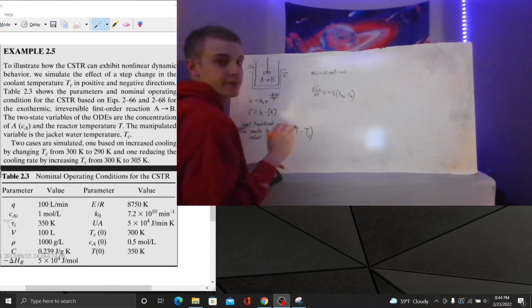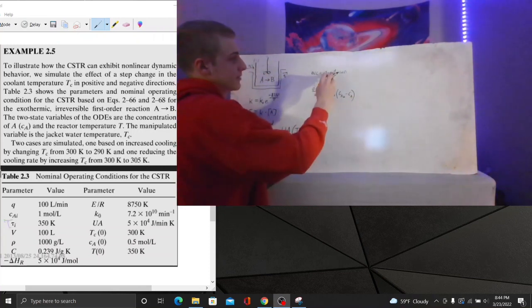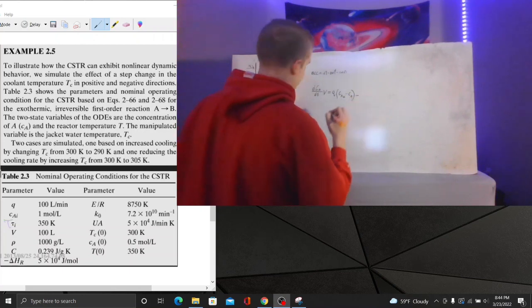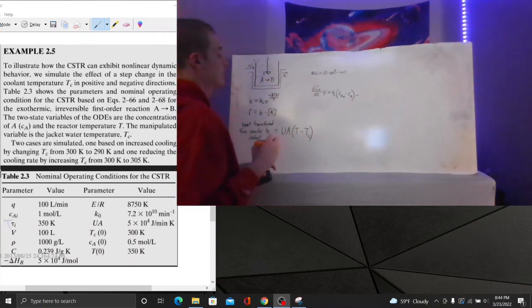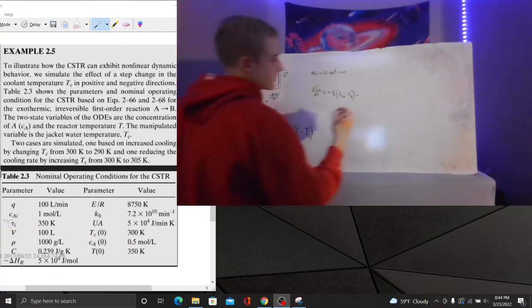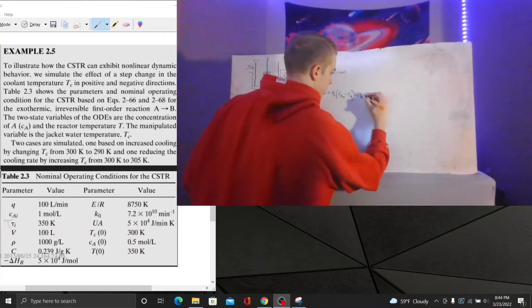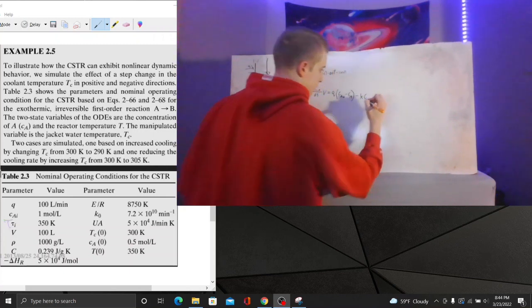And then finally, we just need to subtract what is consumed, which will equal our rate constant, k, times the concentration of A.